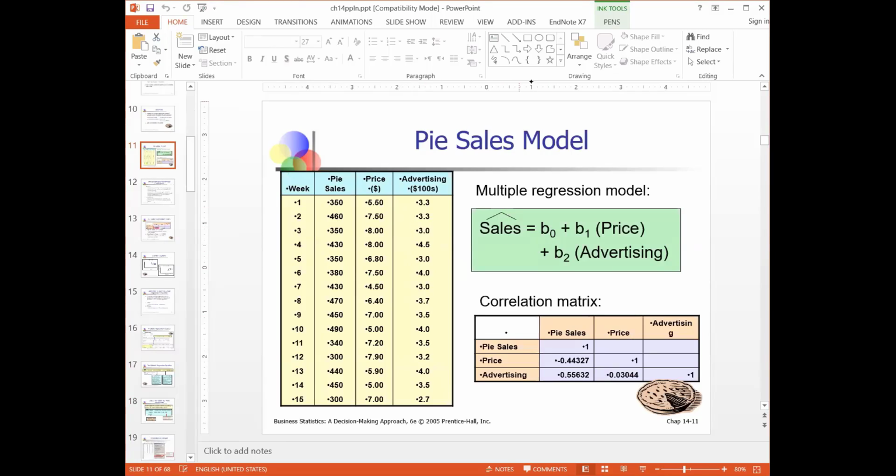So he has this equation to estimate, and since it is estimating, he used sales hat, B0, B1, and B2. Assuming that it will follow the properties, the error term is 0 here. He has calculated the correlation matrix. We have already seen that price and sales are correlated at minus 0.44, and advertising and sales are correlated at 0.55.